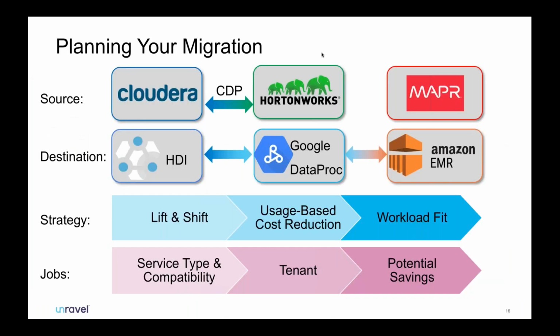So one thing I do want to mention as well is that the goal of this is basically to be able to take any on-prem cluster and go to any cloud provider, as well as be able to move between different cloud providers. So whether you're using Azure HDInsight, Google Dataproc, or EMR, right? I think for the most part, all these have the same set of services.